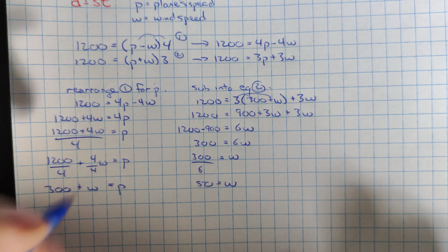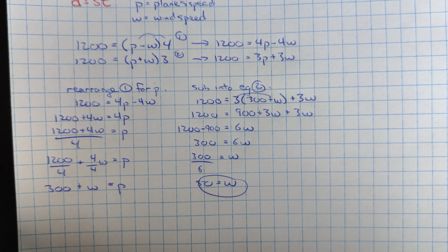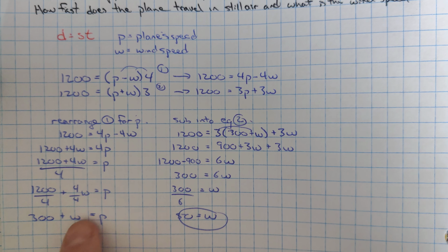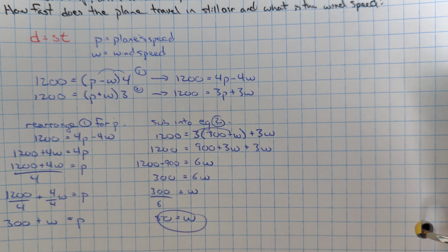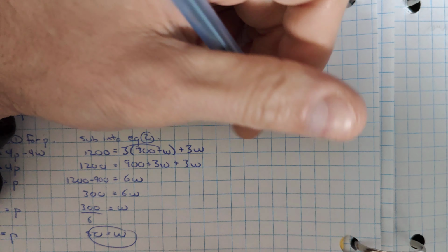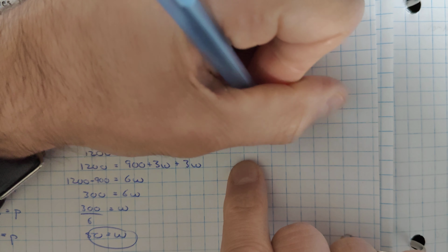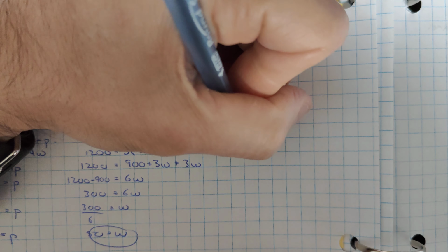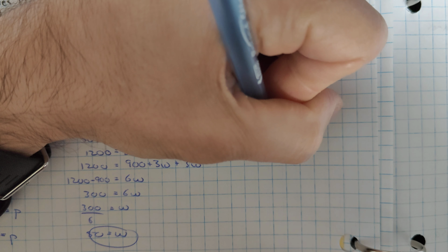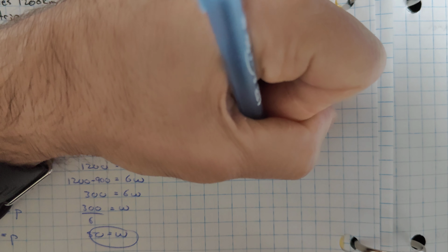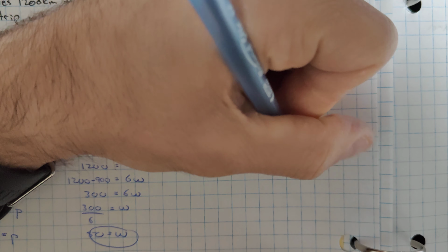And then we can take that value of 50 for W and sub that into one of the equations. I'm going to pick this variation over here because the plane speed is just 300 plus the wind speed. So sub into 1, and we have 300 plus 50 equals P, or 350 is our plane speed.